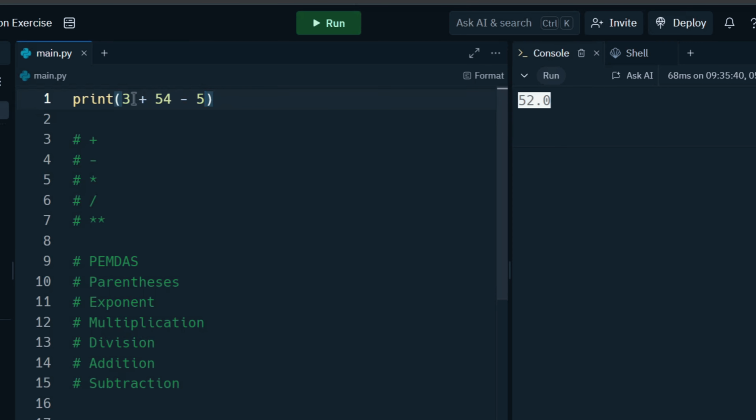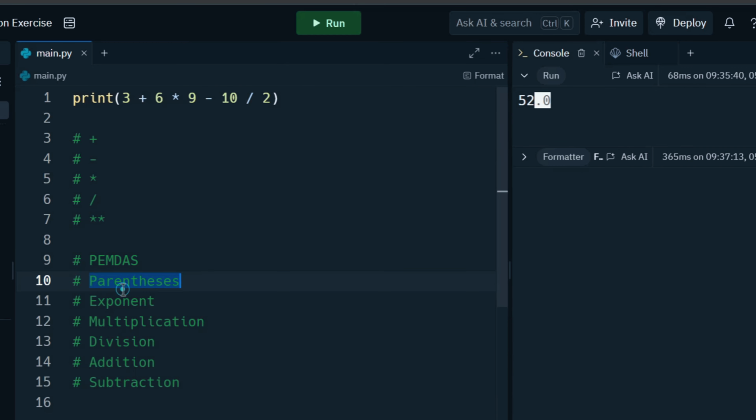And then you can either add 3 with 54 or subtract 5. I will subtract 5. 54 subtracted by 5 is 49. And then finally, we add 3, which is going to give us a 52. And our answer was 52. It gave us 52.0 because we performed a division, so it gave us a floating point result.